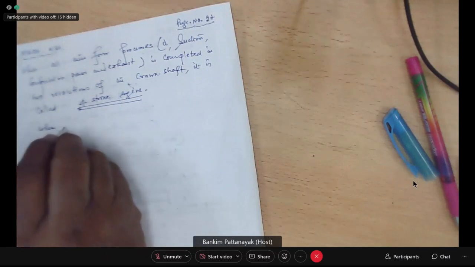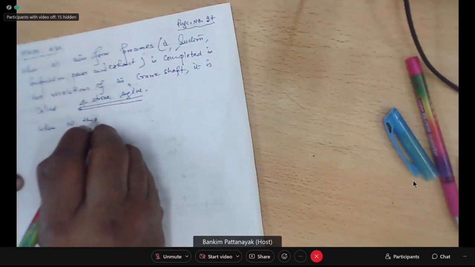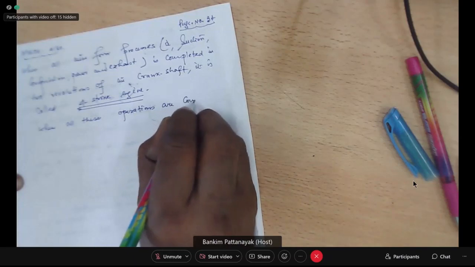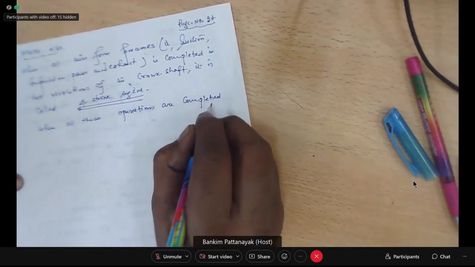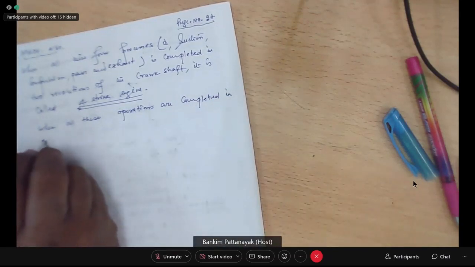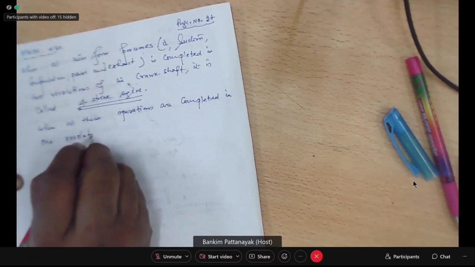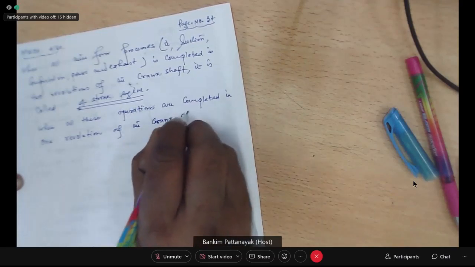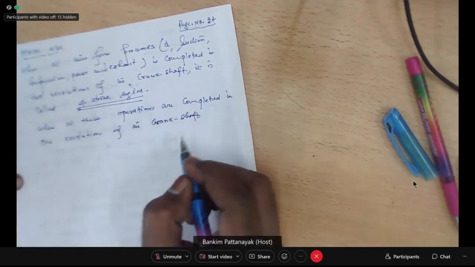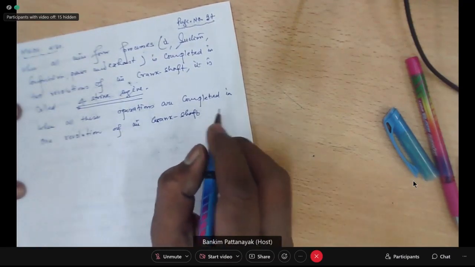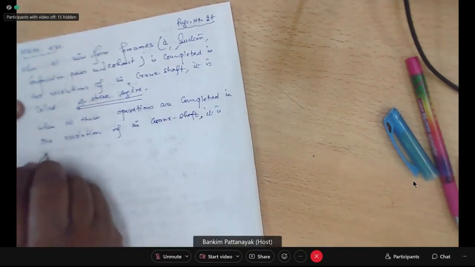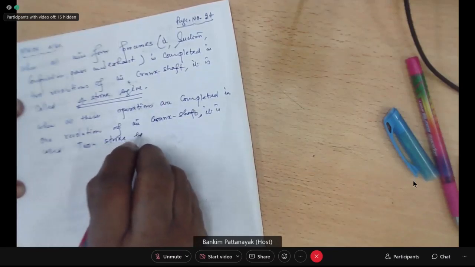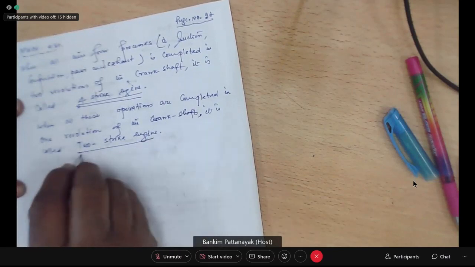And when all these operations are completed in one revolution of the crankshaft, it is called a two-stroke engine, right?